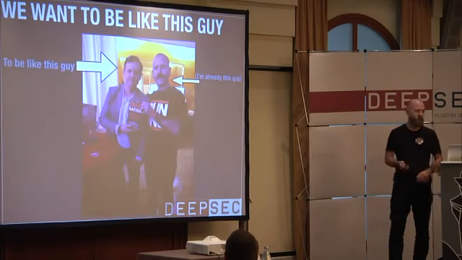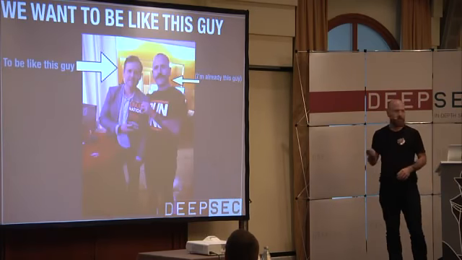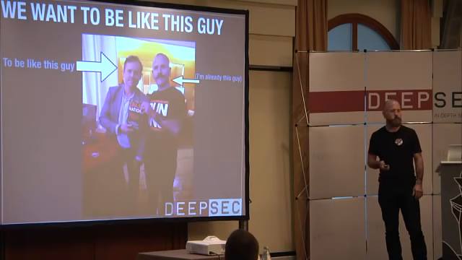We want to be like this guy. This is Brian Krebs. He's an author and a blogger in America. Hopefully you know about him. He's often the first place that people go for information, because he's so close to the data, to the attacking information.